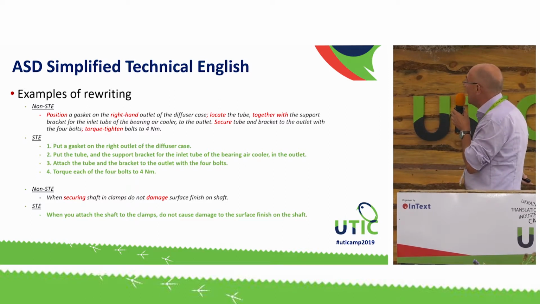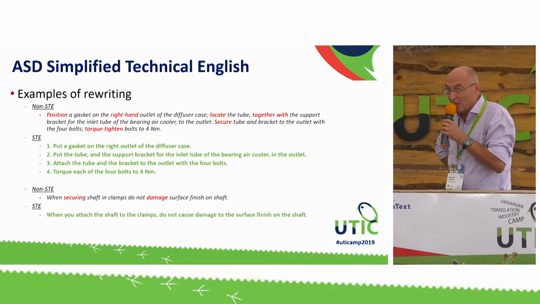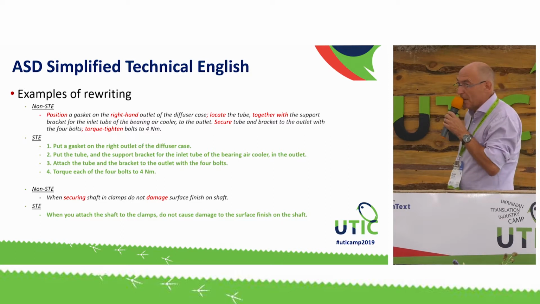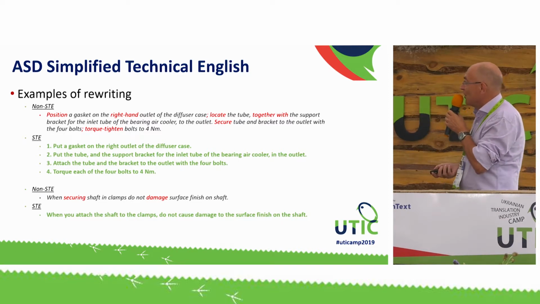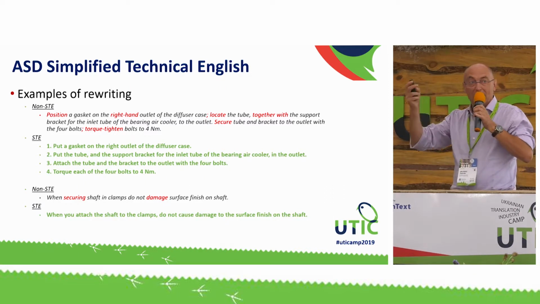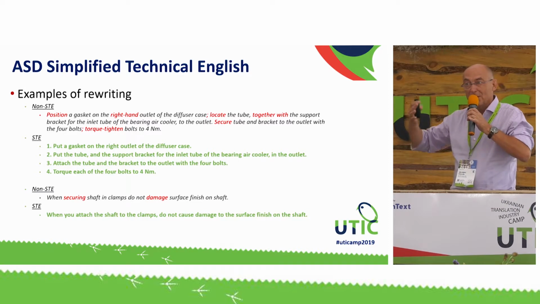Secure tube and bracket to the outlet with the 4 bolts, torque tighten bolts to 4 Newton meters. You see that one of the basic principles of STE is to keep the sentences as short as possible, and the suggestion is to divide the long sentence into short sentences.